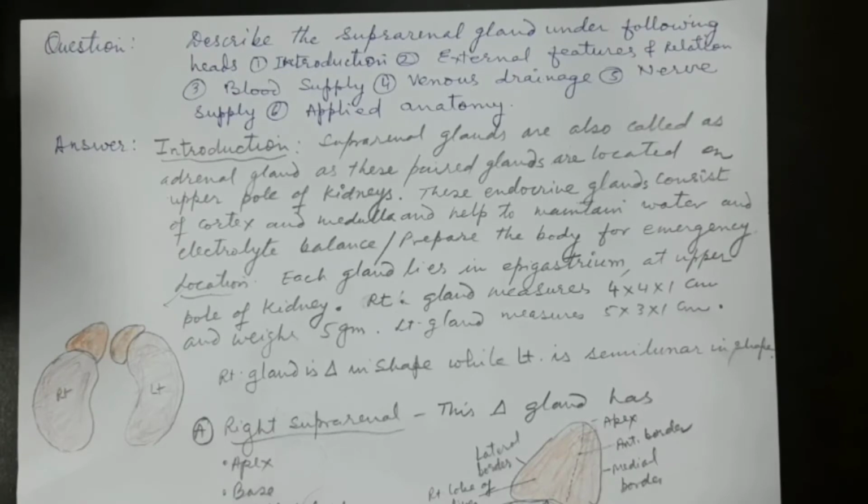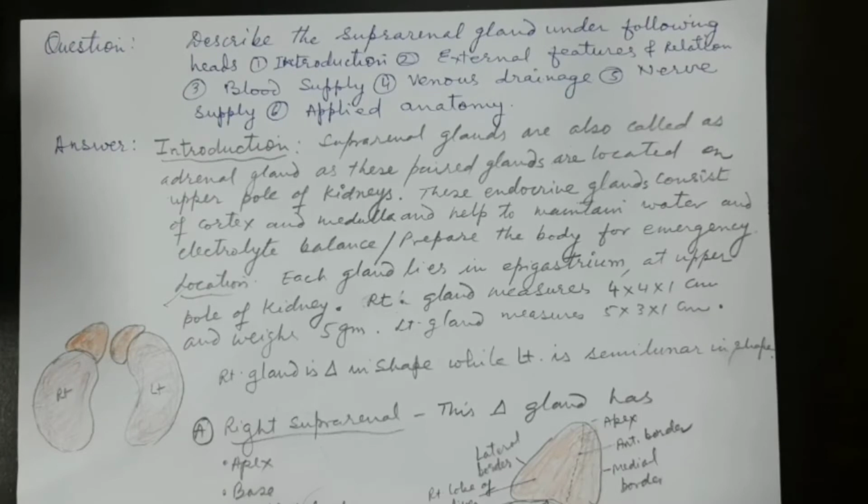The measurement of the right suprarenal gland is 4 into 4 into 1 centimeter, which means it is 4 centimeter in height, the width is also 4 centimeter, and 1 centimeter is the thickness. So it is quite a small gland, and both the right and left suprarenal glands weigh around 5 grams. A very small gland.